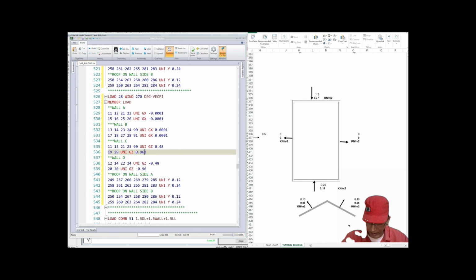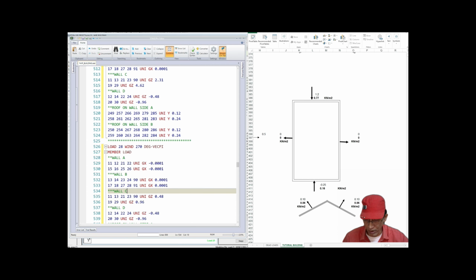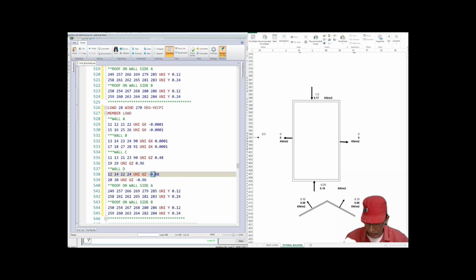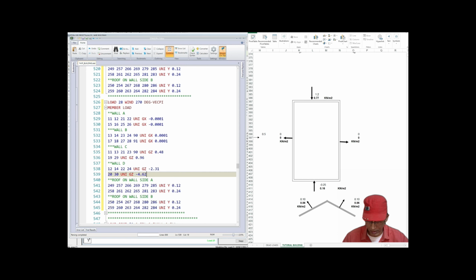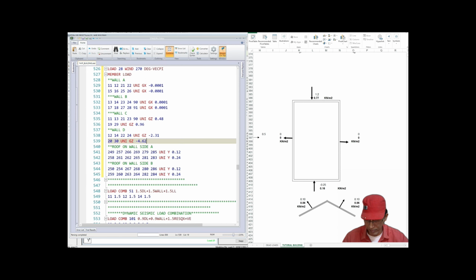The direction remains as before, and then this becomes 2.31 and 4.62. Because now on wall D the pressure is towards wall D, so it is in negative z direction. The roof pressure, roof pressure or uplift remains the same.